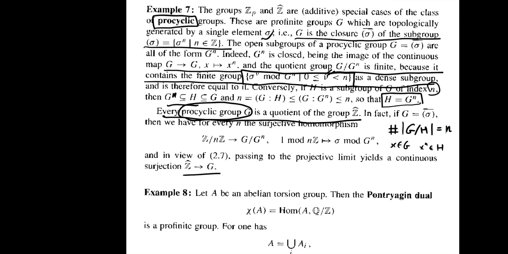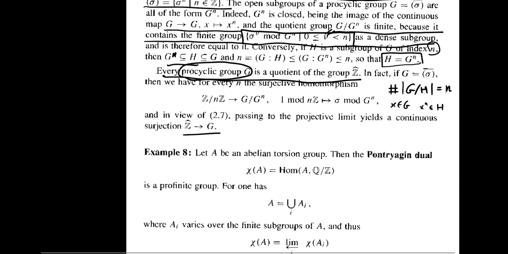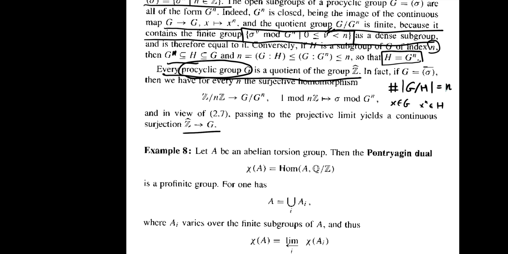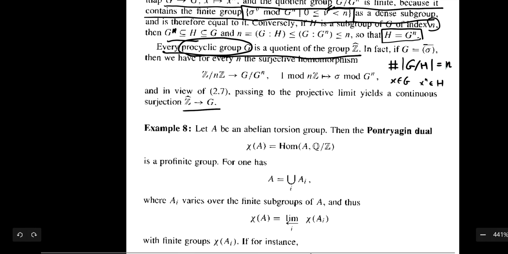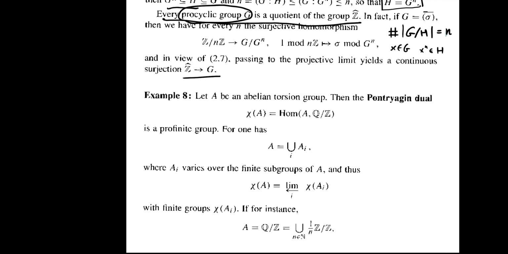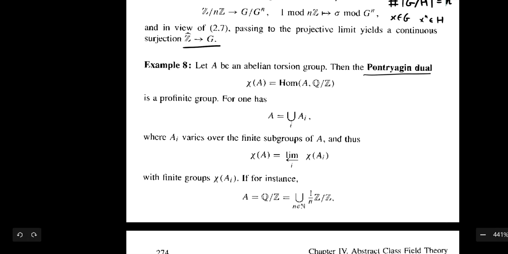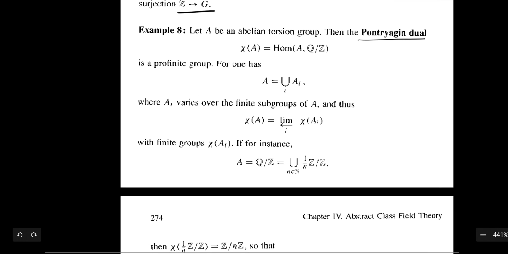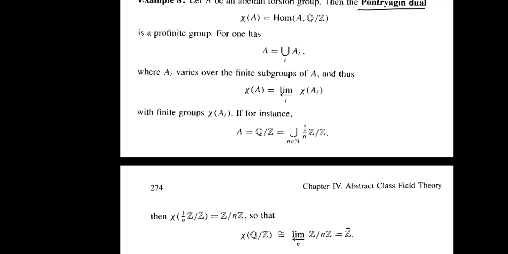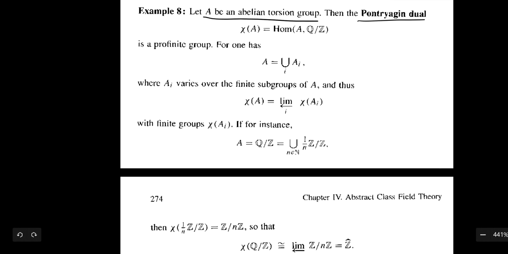They are subgroups of the form given. Consider an abelian torsion group and the Pontryagin dual. The Pontryagin dual is a profinite group because one has an abelian torsion group, the union of its finite subgroups, right?